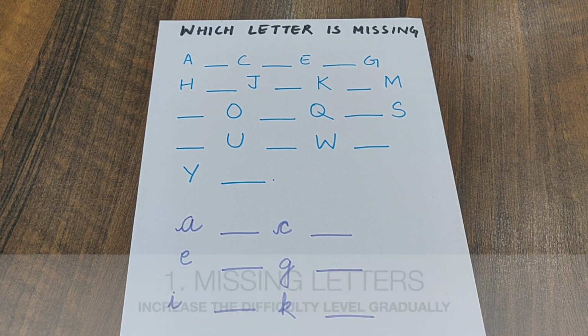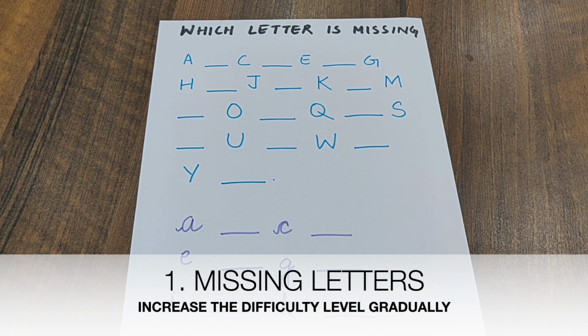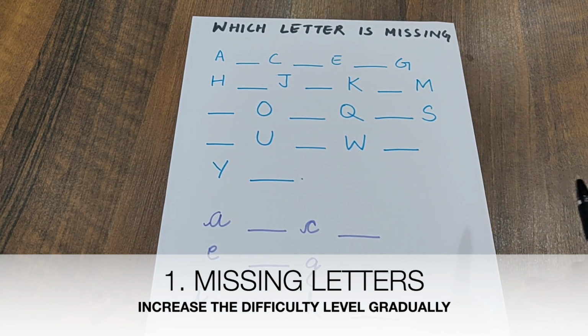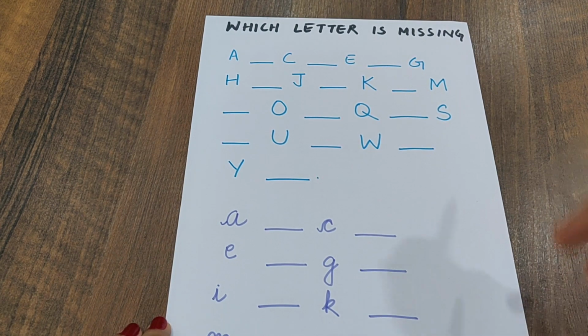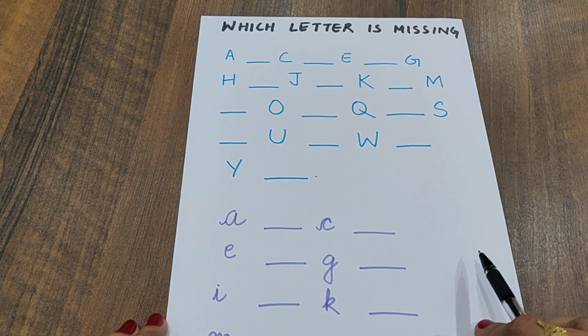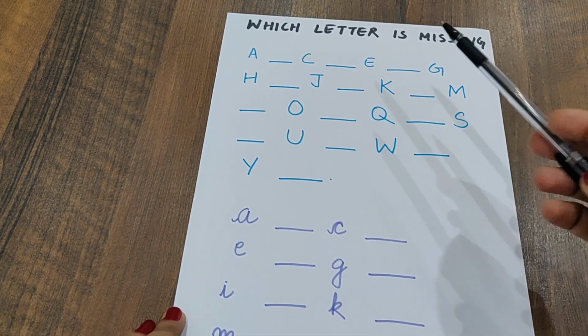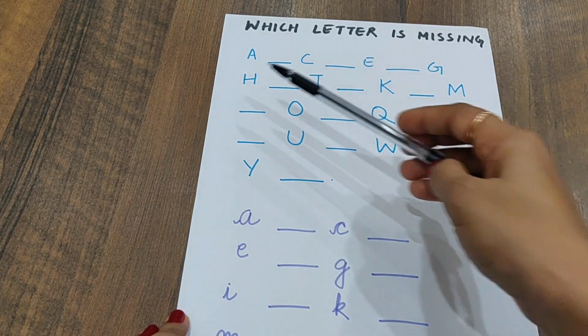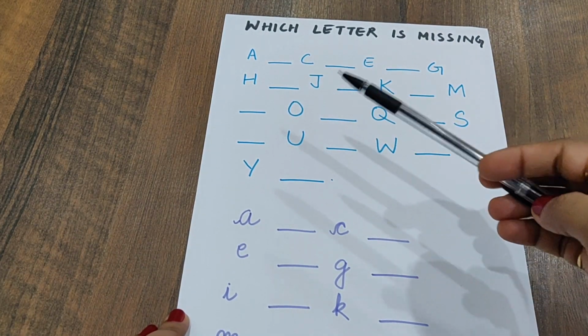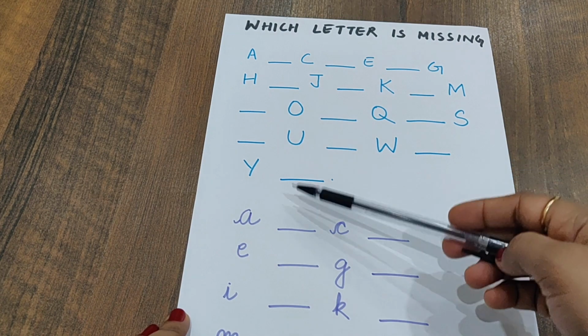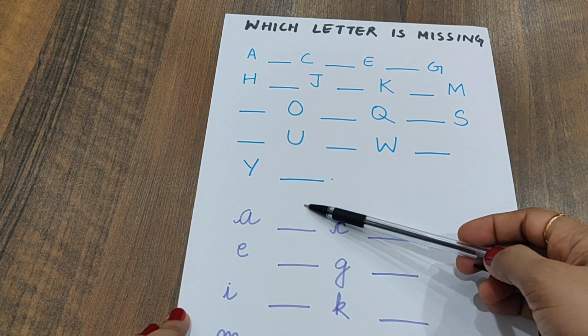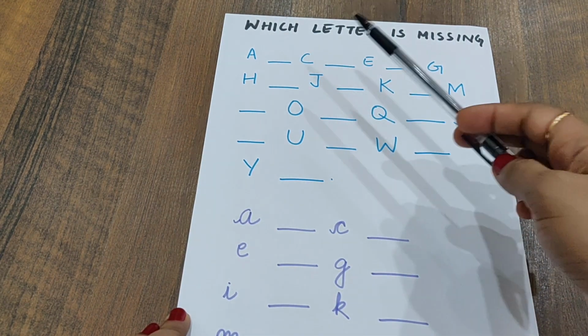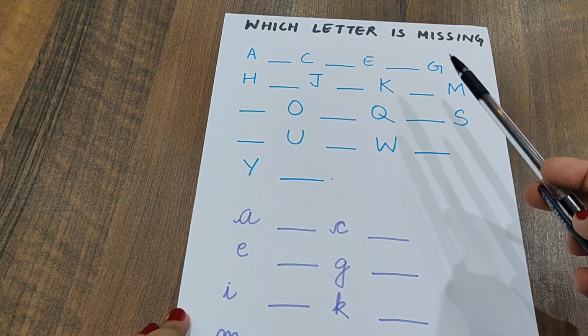Now the very first worksheet which you see in front of yourself is regarding the missing letters. So it says, which letter is missing. As you see, I have written all the alphabets right from A to Z. That is, Z comes as a blank over here. So you can see I have placed a blank after each and every alphabet.